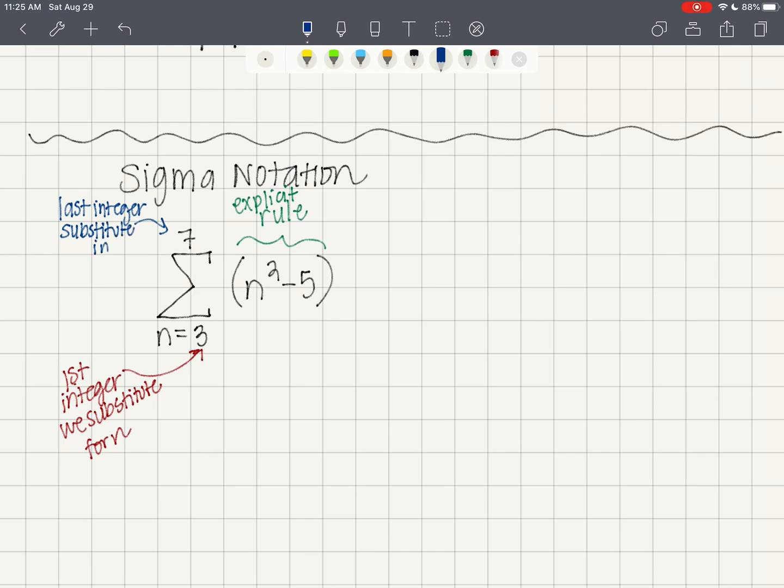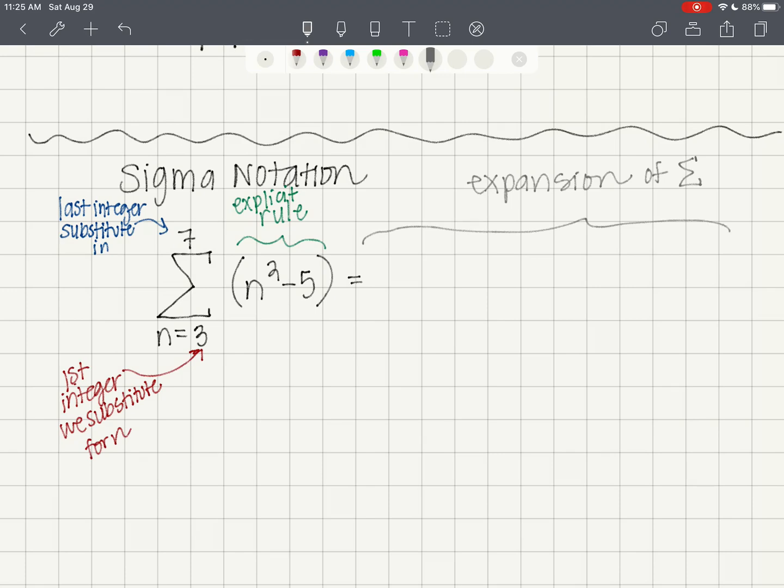And we substitute every integer in between. So now I'm going to expand this. We call it the expansion. This is the expansion of your sigma.